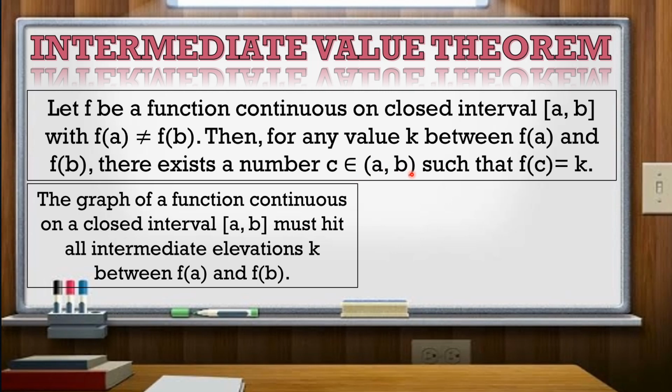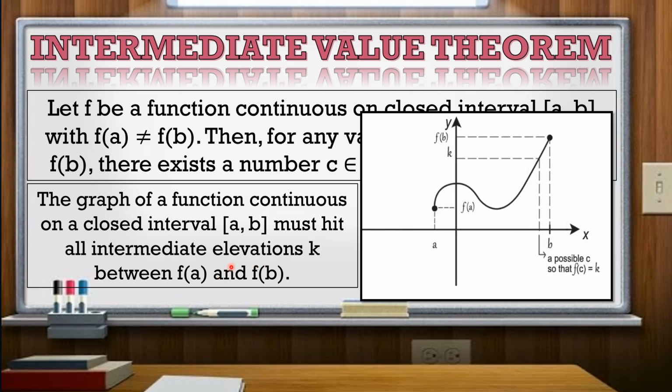The graph of a function continuous on a closed interval must hit all intermediate elevations k between f of a and f of b. And this is the graph of your intermediate value theorem. So ulitin na natin na lahat po ng mga possible values for your x's must hit, okay, between your f of a, so this is your f of a, and your f of b.